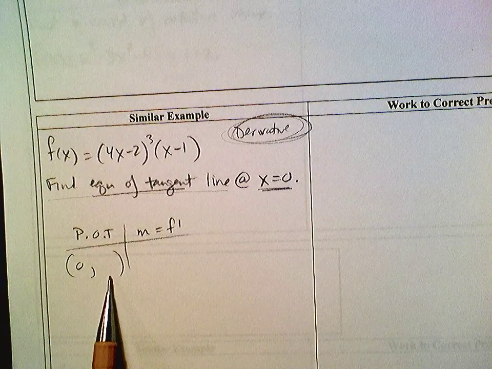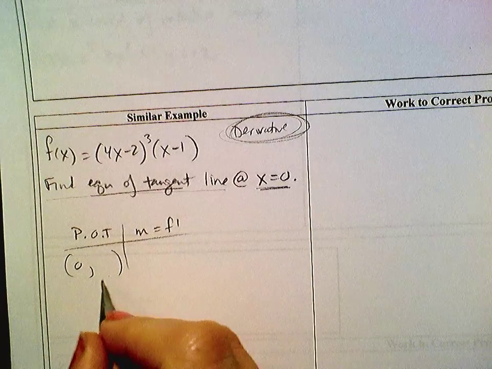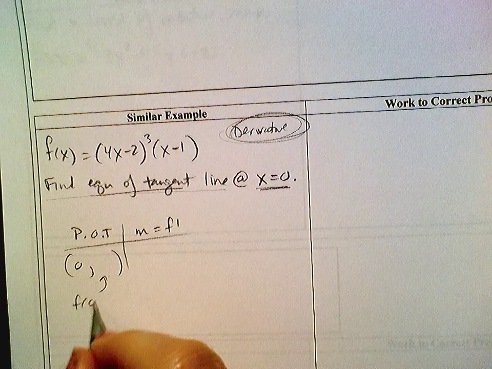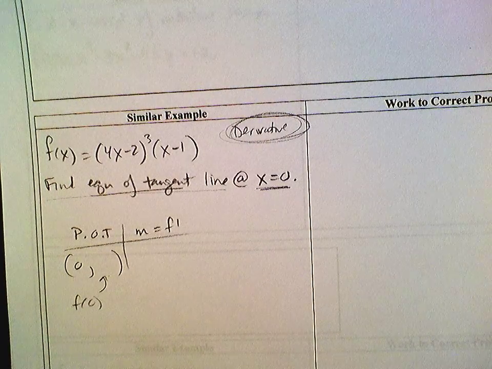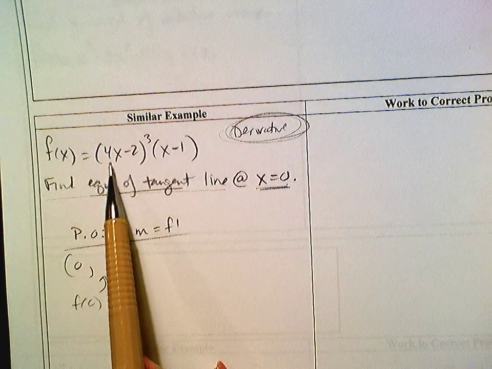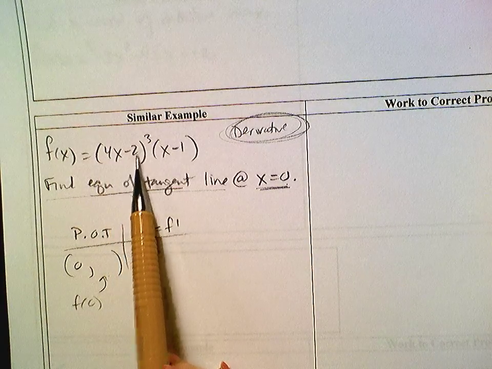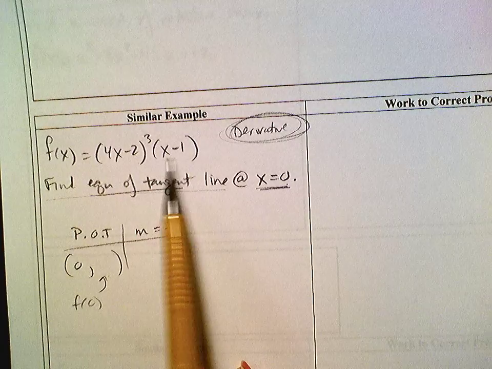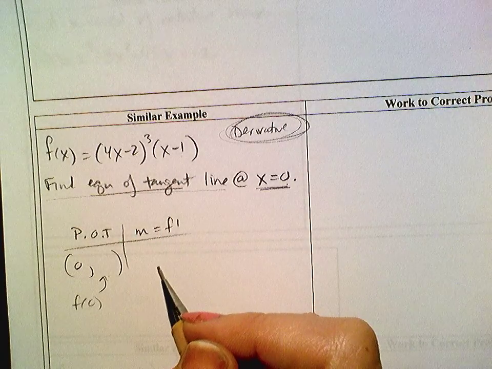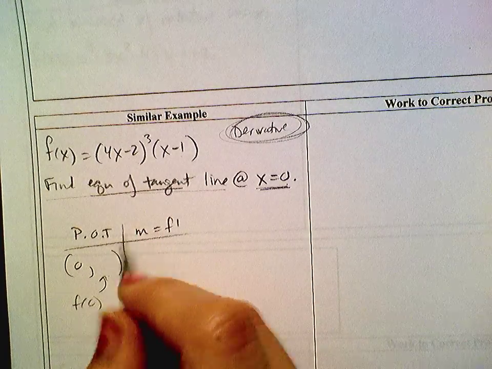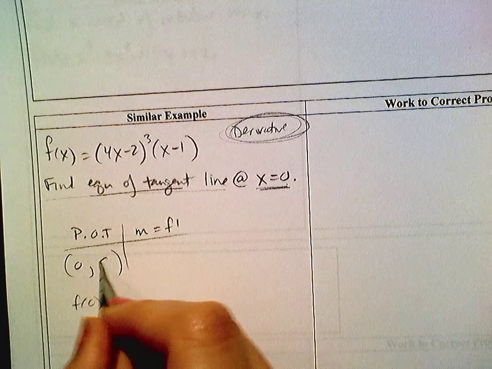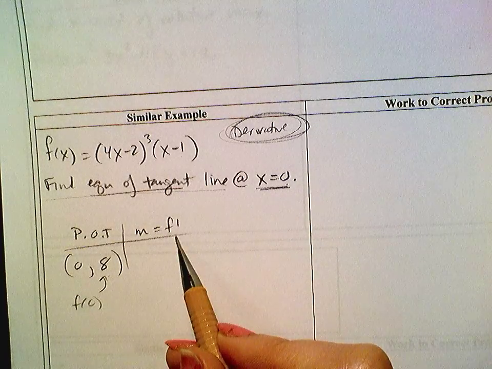For the y-coordinate, you've just got to get f of 0, the original function at 0. If I plug 0 in, I get negative 2 to the 3rd, which is negative 8, times negative 1, which is just 8. So that's the point of tangency.